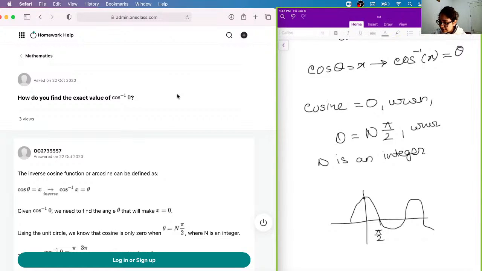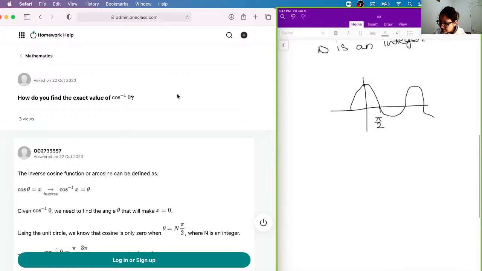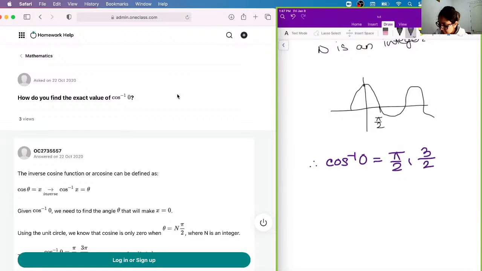And so you can say that the inverse cos of 0 is equal to pi over 2, 3 pi over 2.